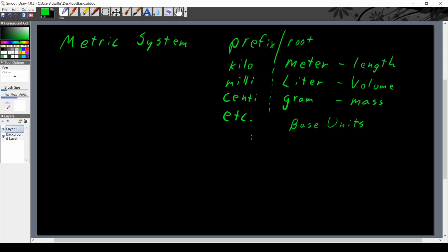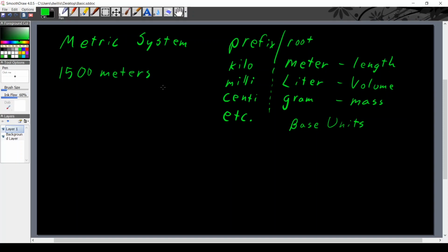Let's look at how those can fit together. Let's say I would like to measure a distance, and I have a distance of 1,500 meters.